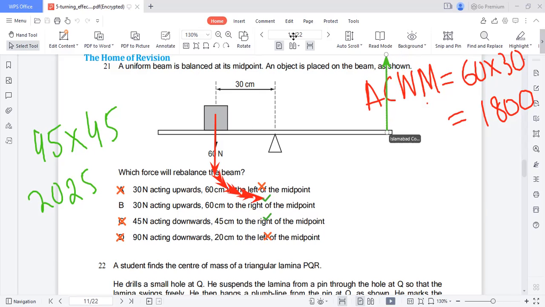So if it would be upward, I made a mistake, then it will also create an anti-clockwise movement. So both movements would get added. So this option is not going to be considered. Let me recheck the things. But surely this one is incorrect because of its direction.